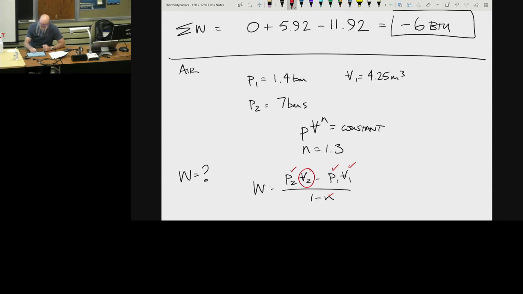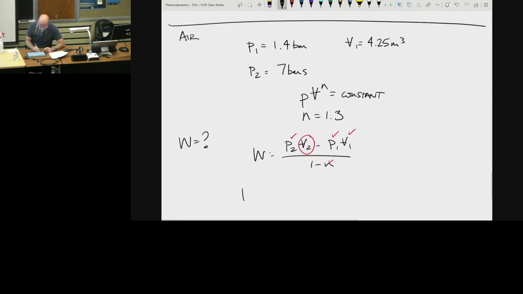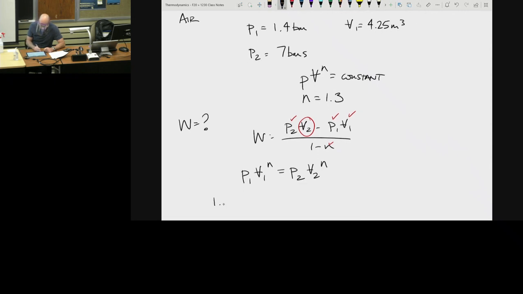Okay? And so I am going to say that P1 V1 to the N is equal to P2 V2 to the N. And now I'll start plugging things in here. 1.4 bar times 4.25 meters cubed to the 1.3 is equal to 7 bars times our unknown volume to the 1.3.